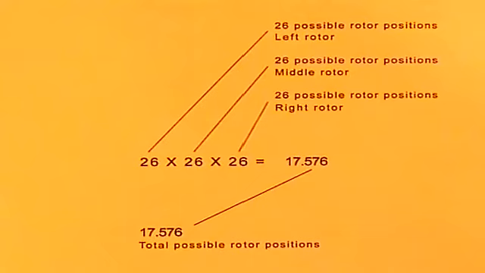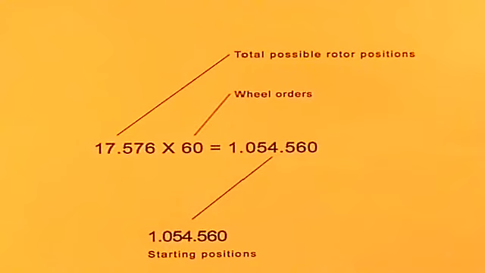The result is 17,576 positions for the 3 rotors. These 17,576 positions multiplied by the 60 wheel orders result in a total of 1,054,560 possible positions for all rotors.